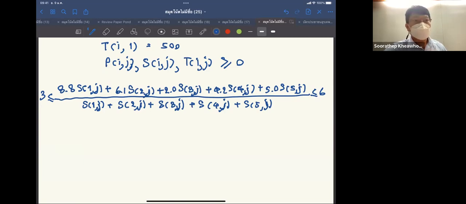You multiply everything and you get a linear function. So 3 multiplied by that big term must be less than 8.8 multiplied with S1J and so on, and the other side is also the same with 6. Do you understand? Multiply through by the divisor and it becomes a linear function.